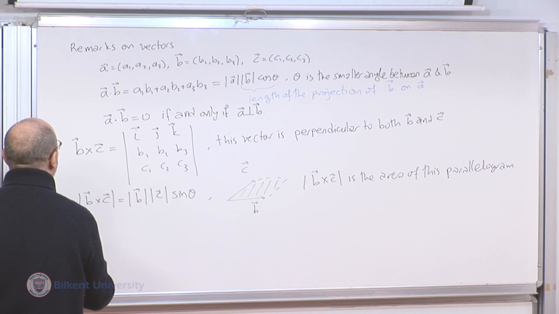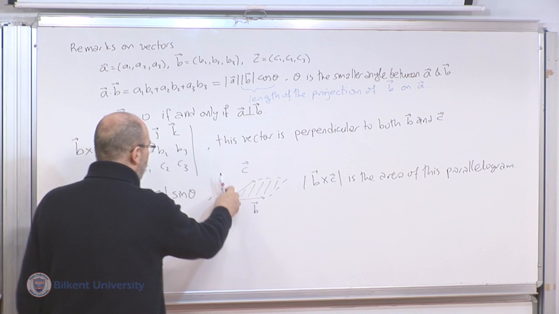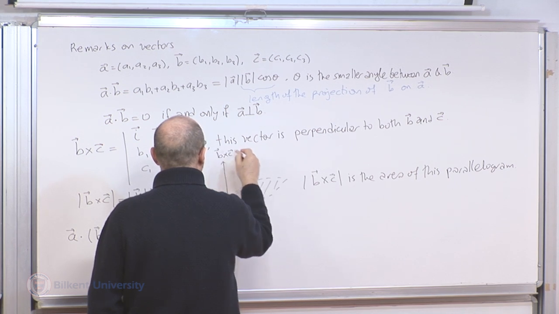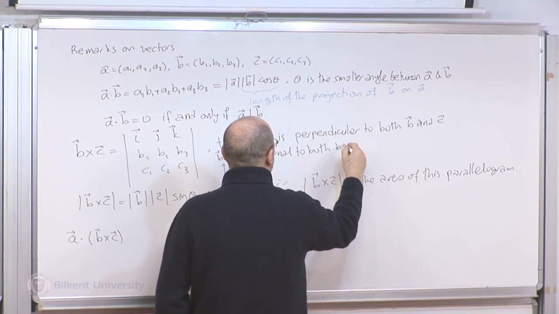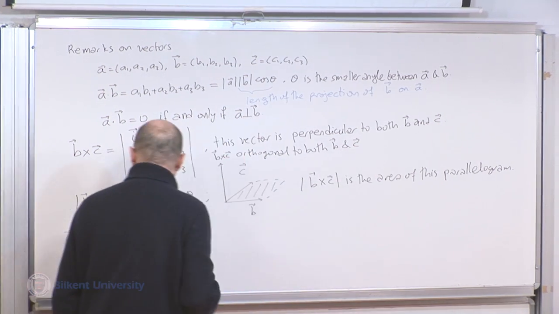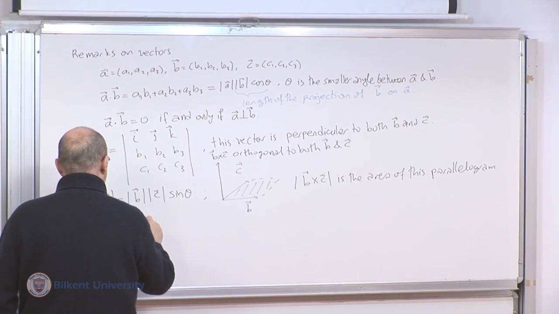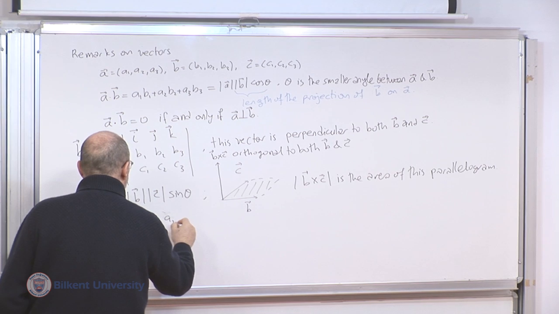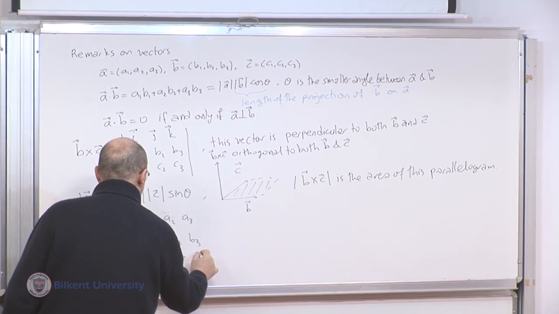I take its dot product with A: A dot B cross C. So this is a vector perpendicular, orthogonal to both B and C. First of all, I know how to calculate this because I take the dot product, and it will be the determinant with rows A1, A2, A3, B1, B2, B3, C1, C2, C3.